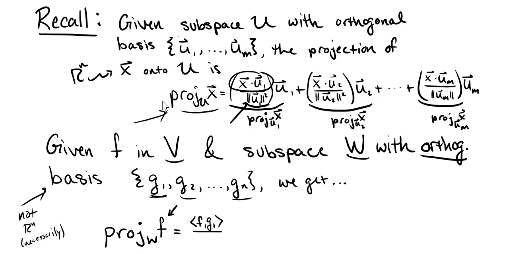We've seen how to express the norm in general inner product spaces: the norm is just the inner product of the vector with itself. A square root would give you the norm, but we want the norm squared, so we don't need the square root. Then multiply that by the vector, G1. I forgot we're using G's here now.